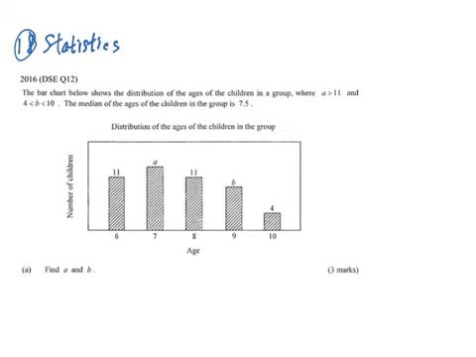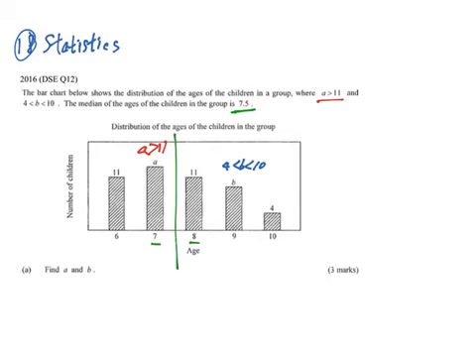2016. For this question, A is bigger than 11, and B is between 4 and 10. The median is 7.5, because the ages are 7 and 8, so the median must be here.